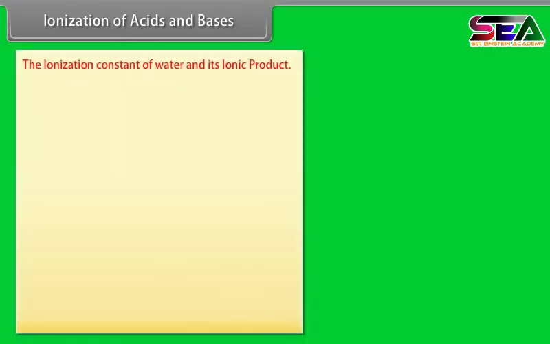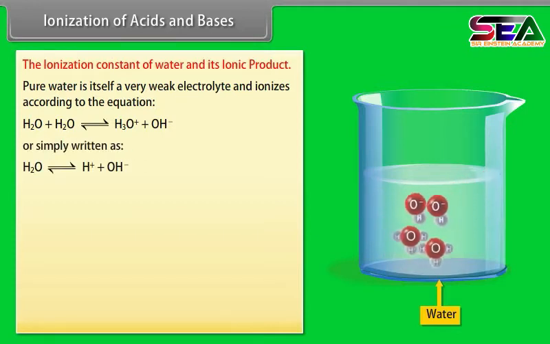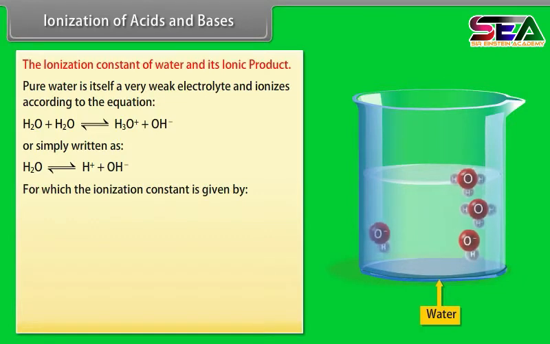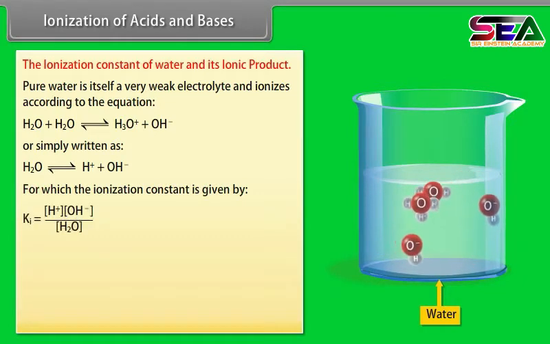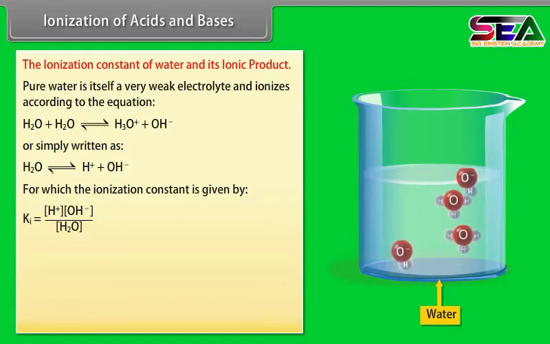Ionization of acids and bases. The ionization constant of water and its ionic product. Pure water itself is very weak electrolyte and ionizes according to the equation, or simply written as, for which the ionization constant is given by Ki is equal to concentration of H+ into concentration of OH- by concentration of H2O.